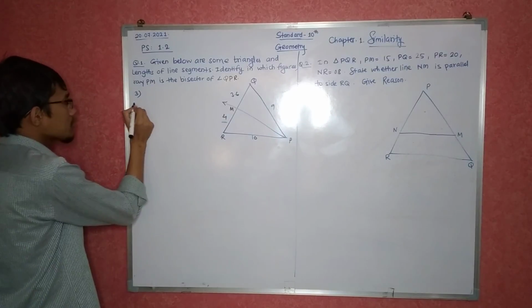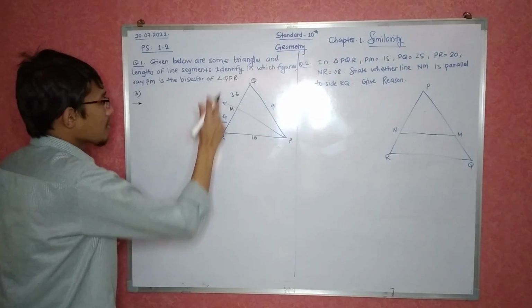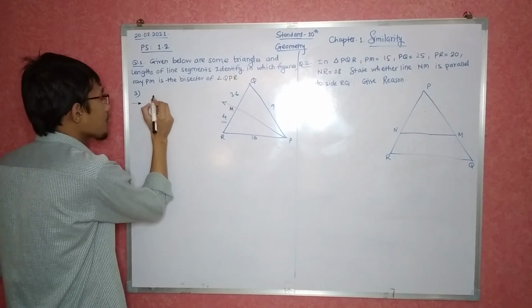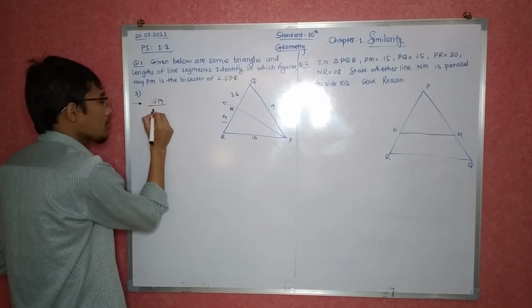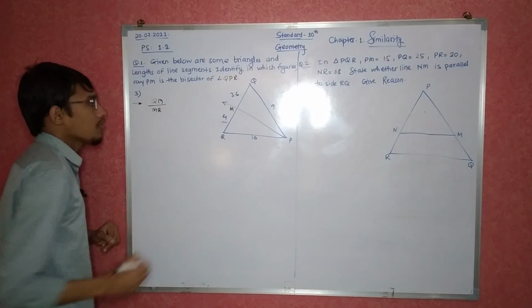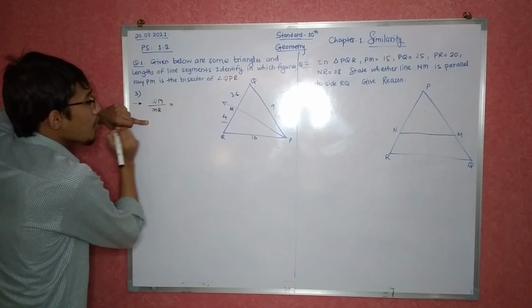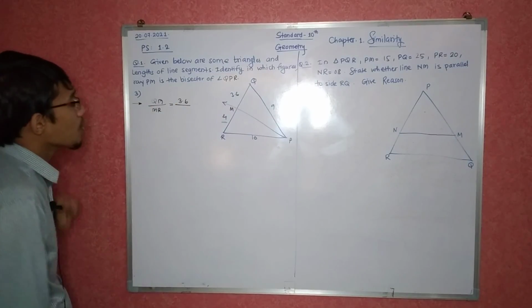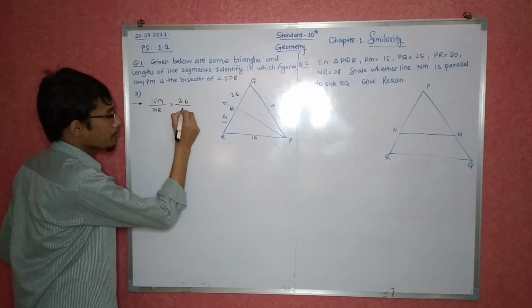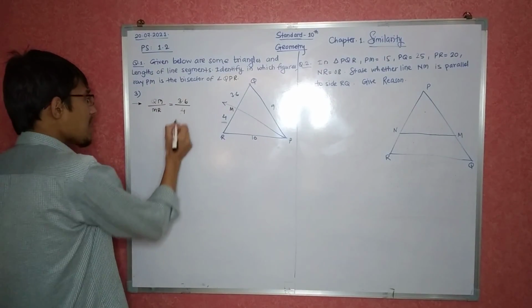So first what we will do, we will find the ratio of QM upon MR. So what is the value of QM? It is 3.6, and what is the value of MR? It is 4. So 3.6 upon 4, we will divide it.